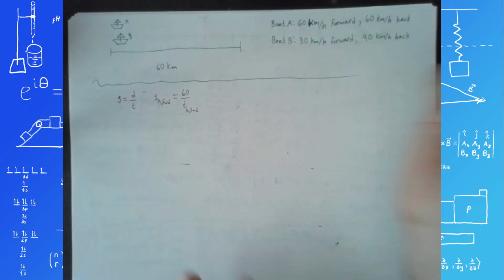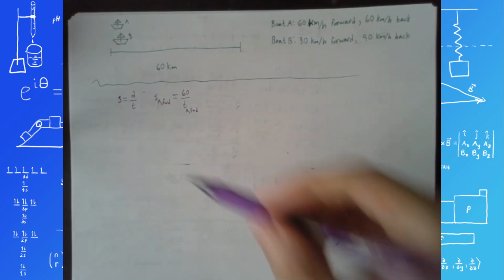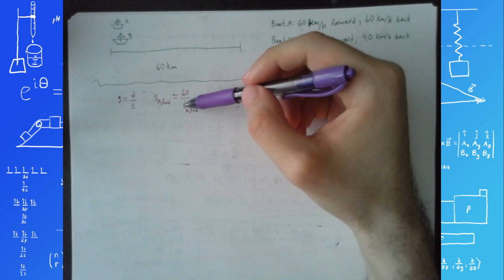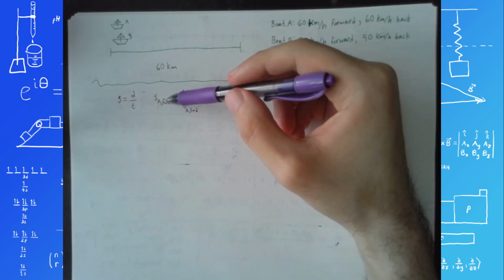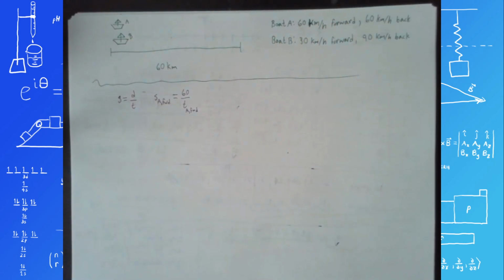By the way, this is good practice. I should probably talk about this. Practice naming your variables well. If you name your variables carefully, then it makes it easier for people grading your work to see what you're trying to do. And it also makes it easier for you to see what you did, because when you look back at your old papers and you look at your old work, if you can't follow what you did, then that's not good.